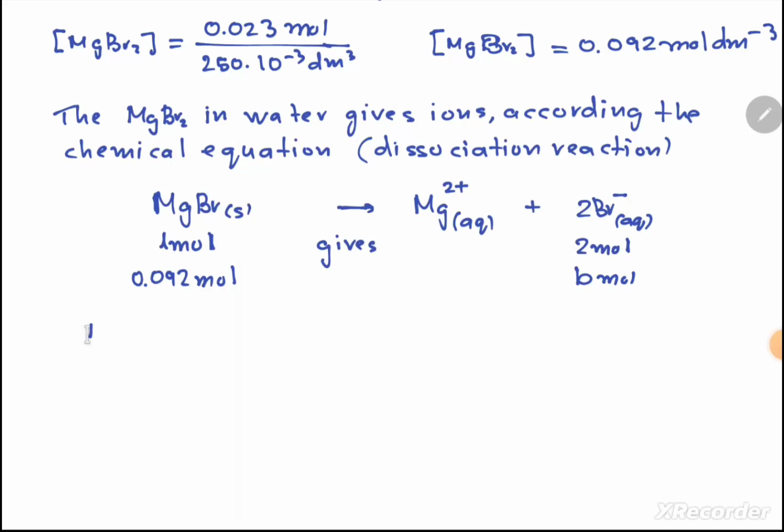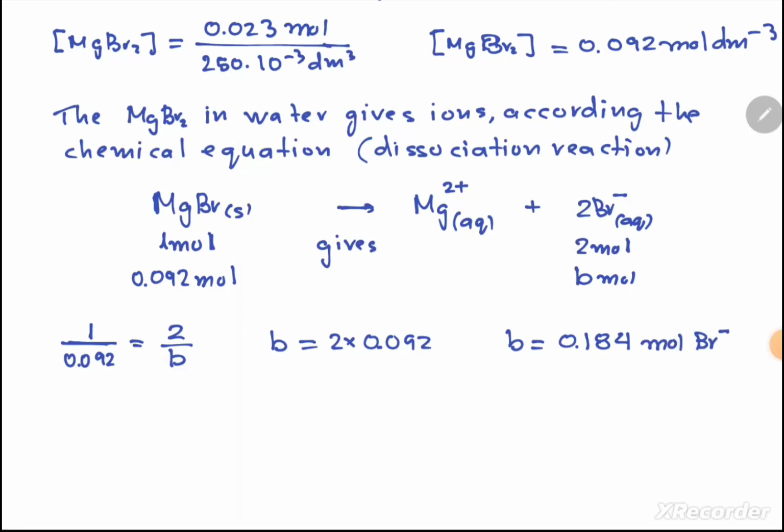So we have the ratio and we find 0.184 mole of bromide ions. So the concentration of bromide ions is equal to 0.184 mol dm⁻³.